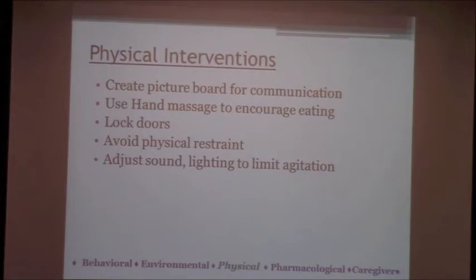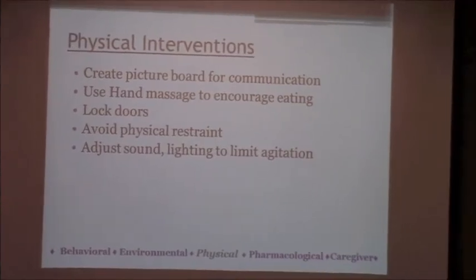Sometimes people really get engaged in behaviors where they think, oh, well, we'll just physically restrain them. But actually look at the physical environment so that you may say, well, we're going to keep them in this area, in this part of the house on the first floor. Example, they always want to go to the basement to do the laundry. Well, it's not safe to go to the basement.